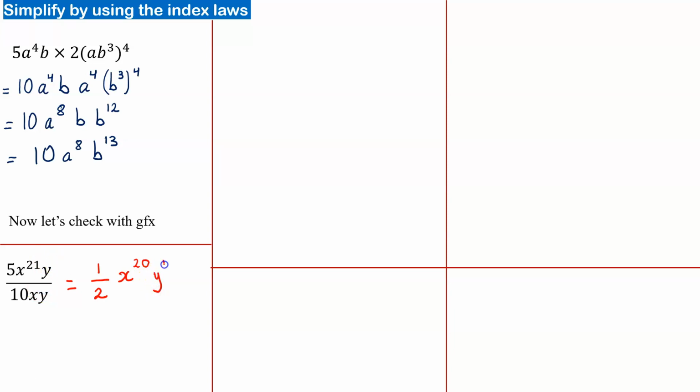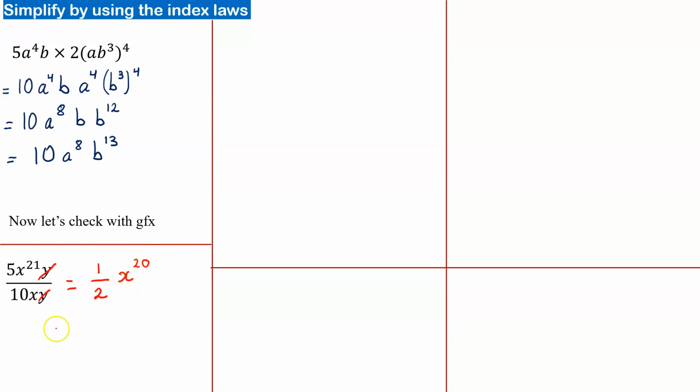We would have y to the 1 minus 1. 1 minus 1 is 0. Y to the 0 is 1. So we have all of this times 1, which becomes that. Yep, we can do that. Or we can simply say, look, there's a y in the numerator, y in the denominator. Let's cancel them out. And here's our answer.